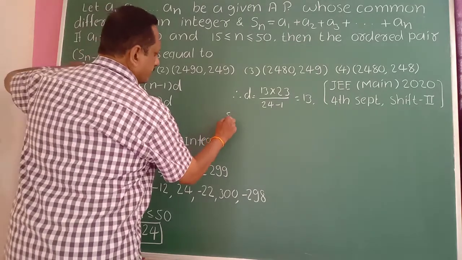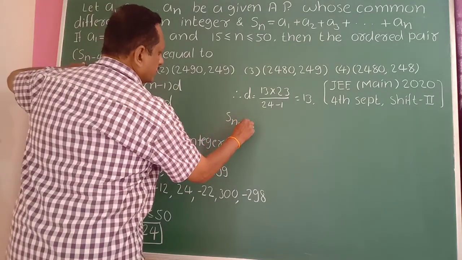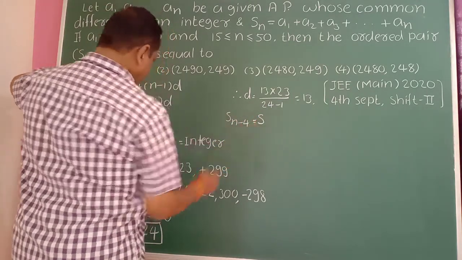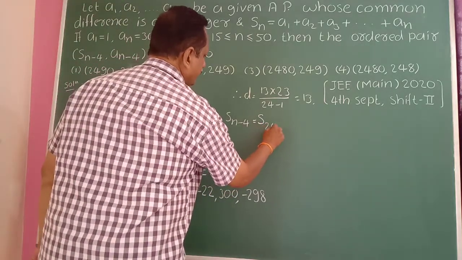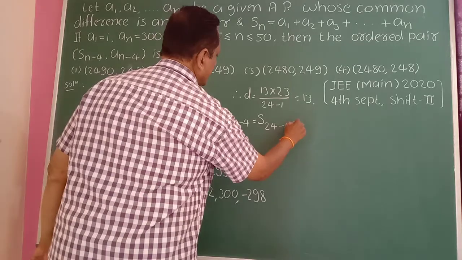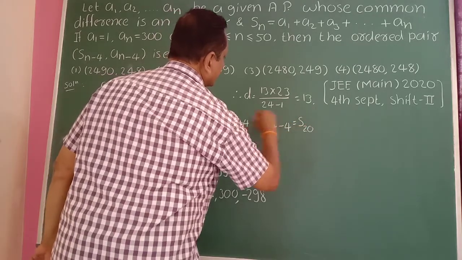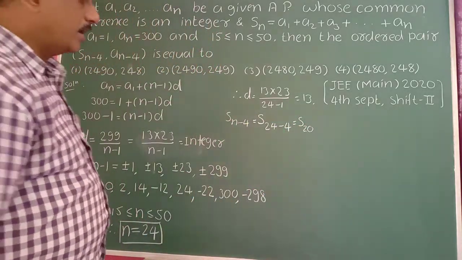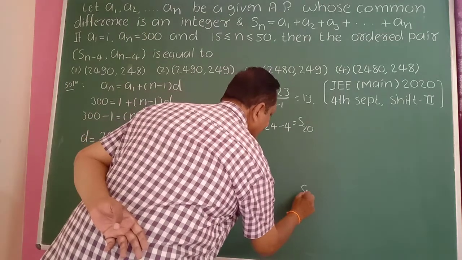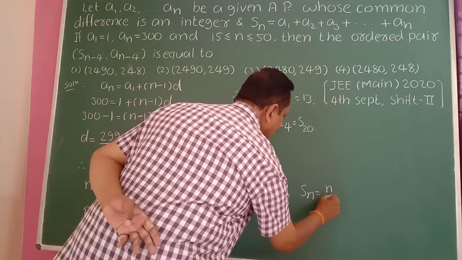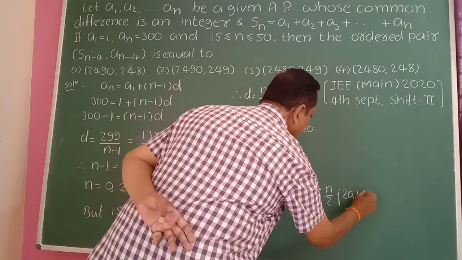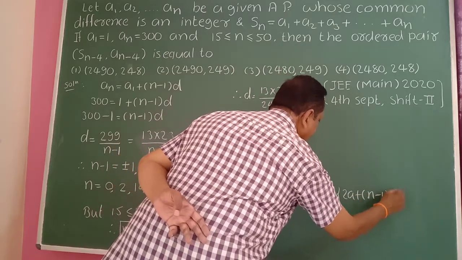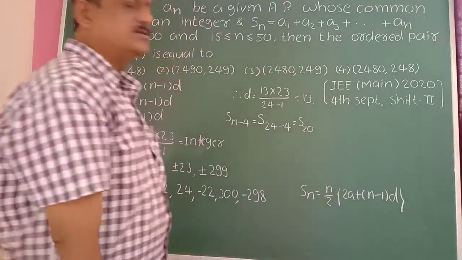S n minus 4 is equal to, here the n value is 24. So S of 24 minus 4, that is equal to S 20 here. S 20. And you know this formula, Sn is equal to n upon 2 into bracket 2a plus n minus 1 into d. Use this formula.